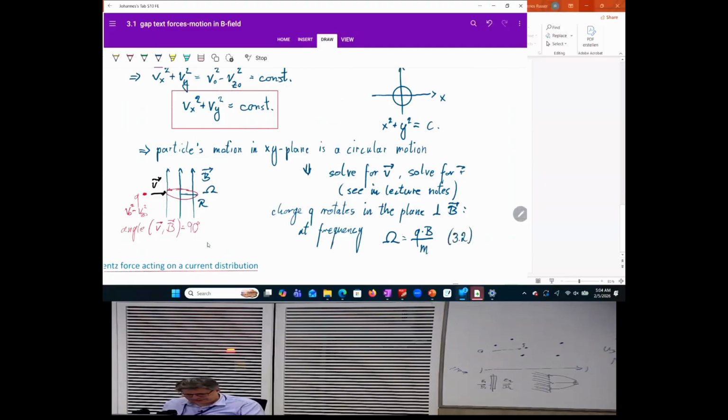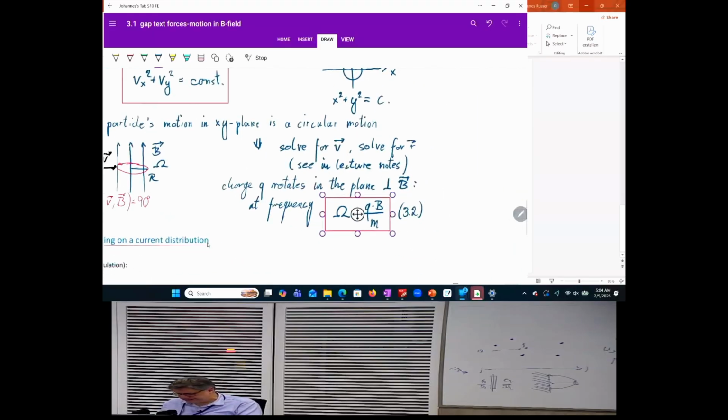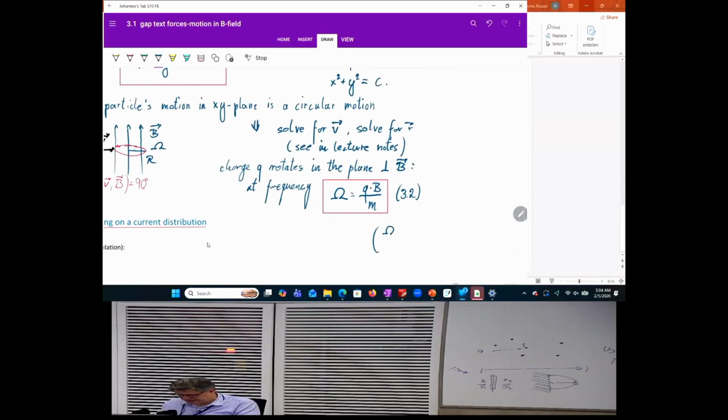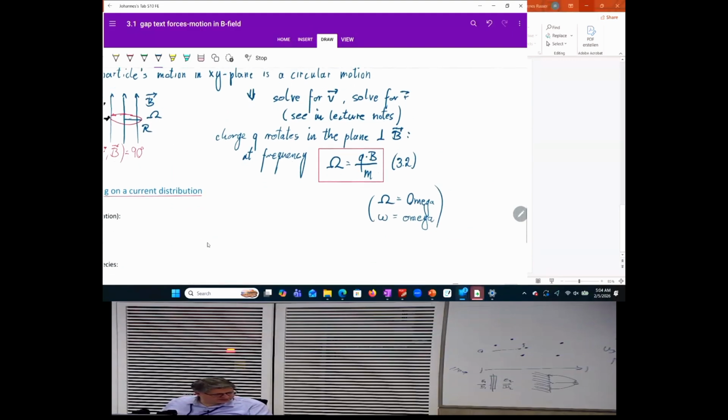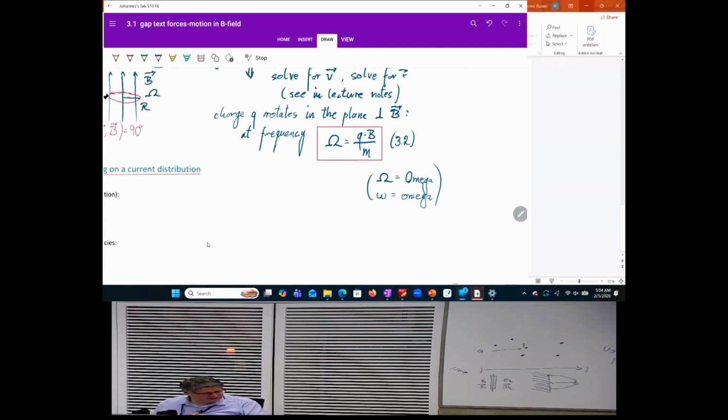This is equation number 3.2. This omega is a capital omega, and this one here is a small omega. It's a bit similar to the W, but it is not pointed at the bottom. This omega is the gyration frequency.